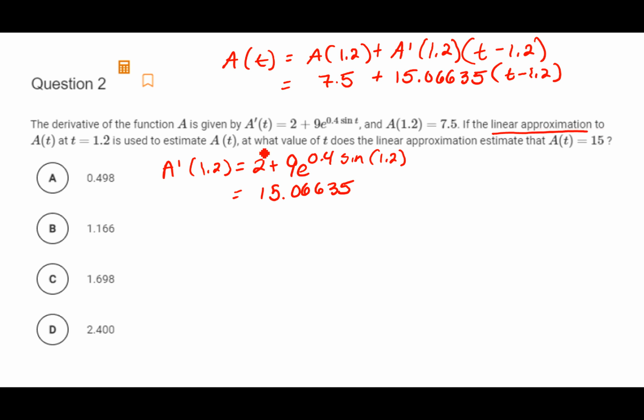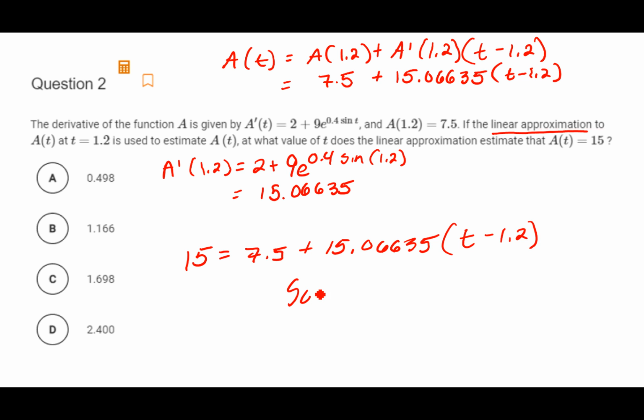The question asked is, at what value of t does the linear approximation estimate that a of t equals 15? So now I'm going to have my a of t is 15, so 15 equals 7.5 plus 15.06635 times t minus 1.2.